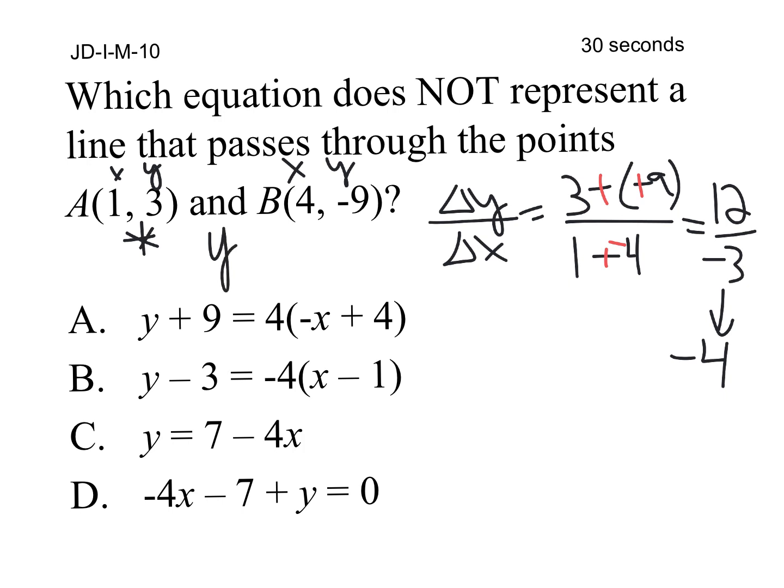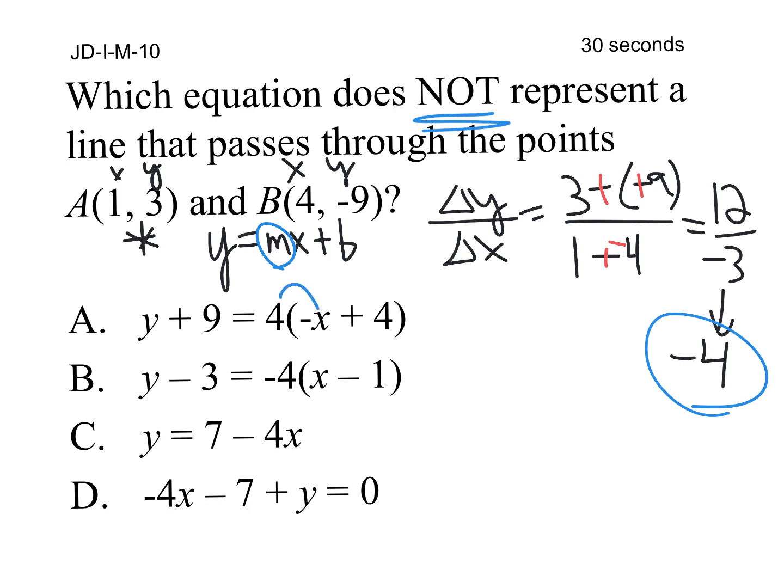Our goal then would be to get these in the form y equals mx plus b. If it's solved for y, the coefficient of x should be equal to negative 4. The question though is which one does not represent a line that passes through those points. So we're really looking for which one doesn't have a slope of negative 4.